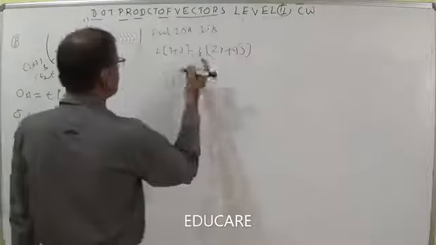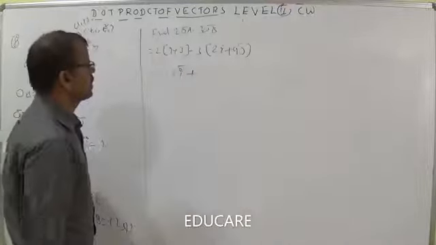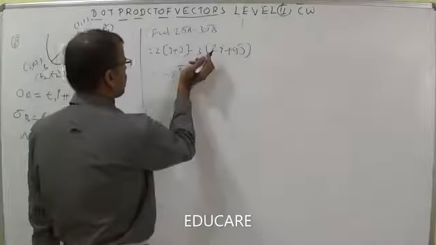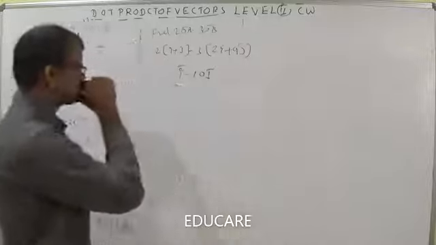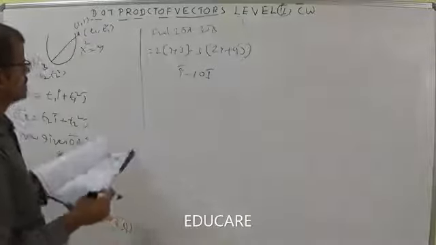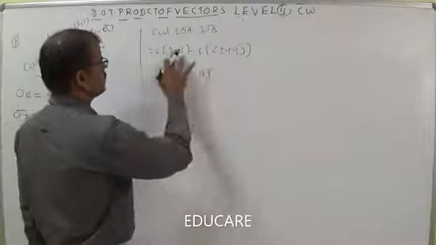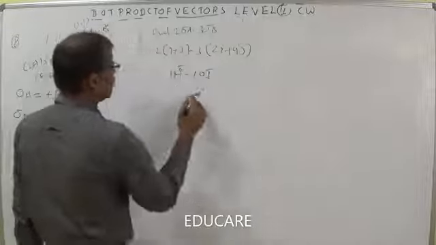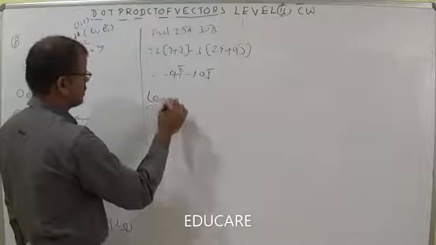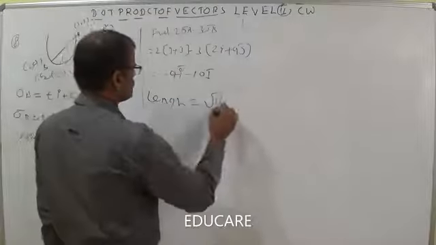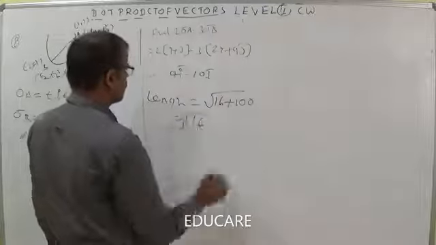So 2i minus 6i, minus 4i, and 2j minus 12j, minus 10j. Now component length, I am writing: length is equal to root of 16 plus 100, so root 116.